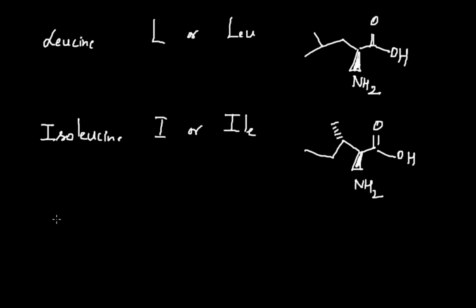Then you have phenylalanine, which means a phenyl group has been substituted in the alanine. It is abbreviated as F or PHE.